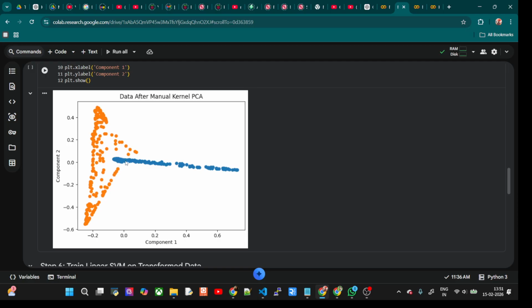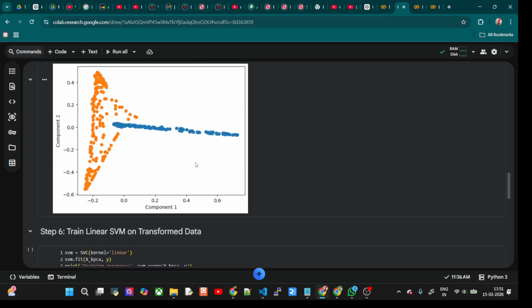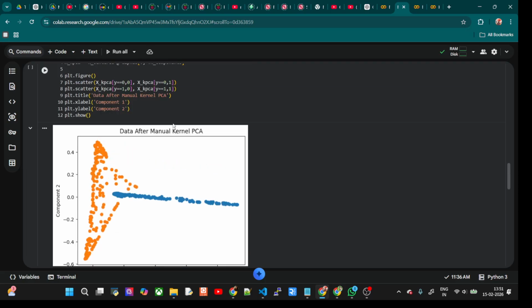It shows the principal components: the blue line shows more variance on this side, and the orange shows more variance on this side. These are two different sets of data, and you need to separate them using your SVM classifier or any other classifier afterwards, in the downstream.